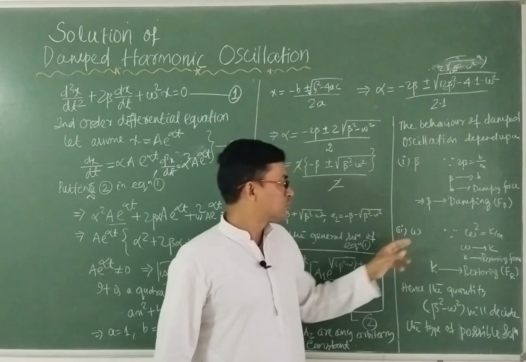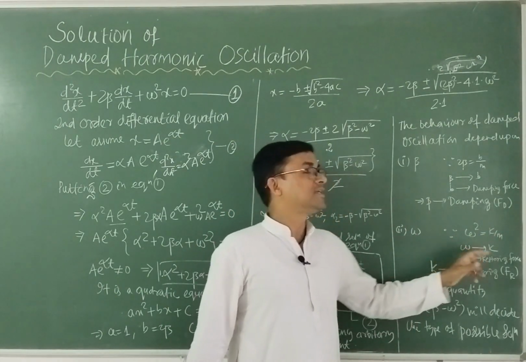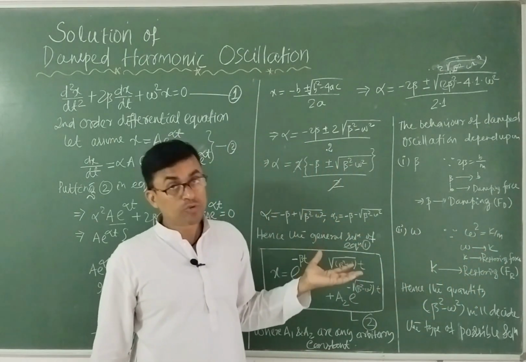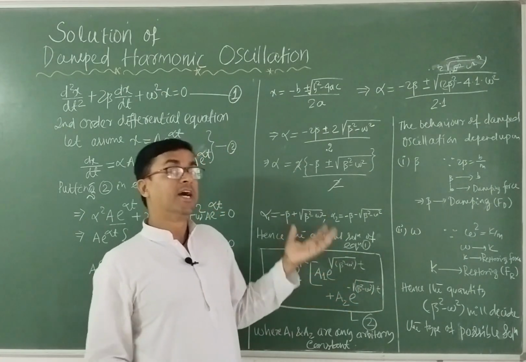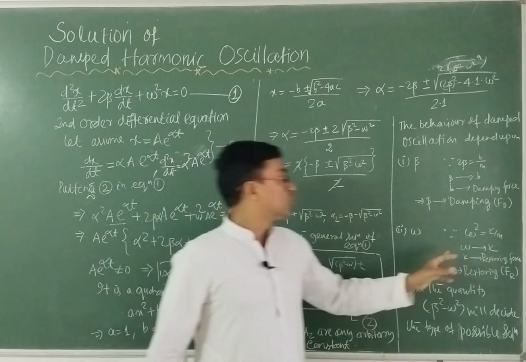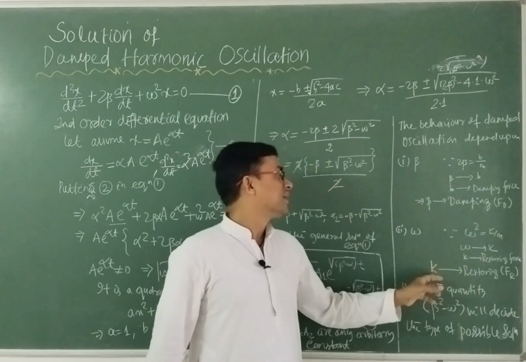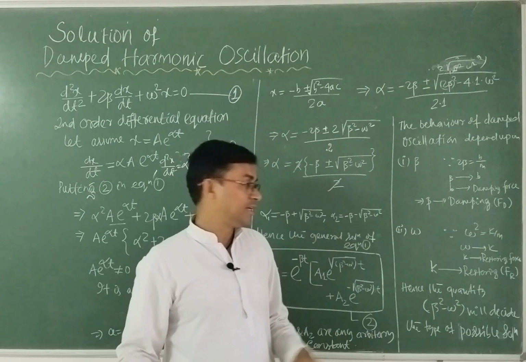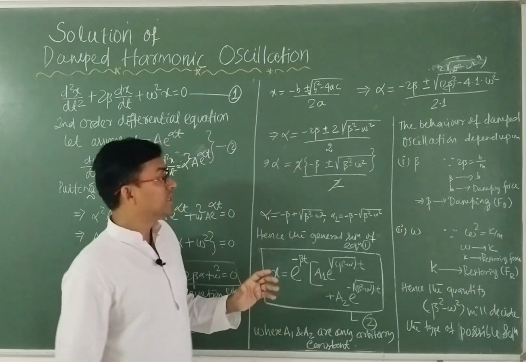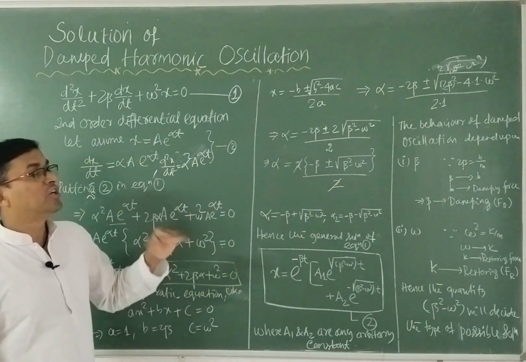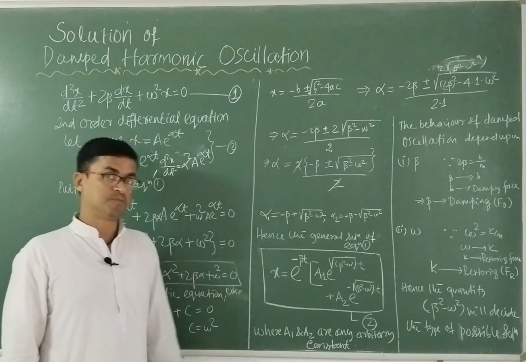Similarly, omega square equals k by m. This omega is related to k, and we know k is the force constant, the spring constant, and it is related to the restoring force. So omega is related to k, which is related to restoring force. Then what does it mean? It is not just beta and omega, it is the damping force and restoring force.